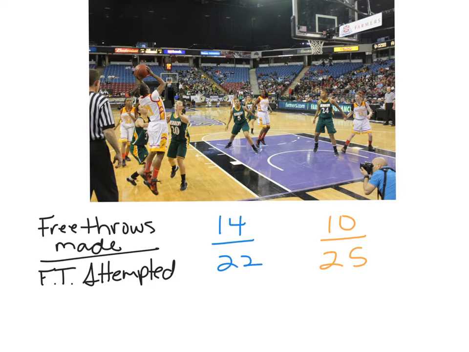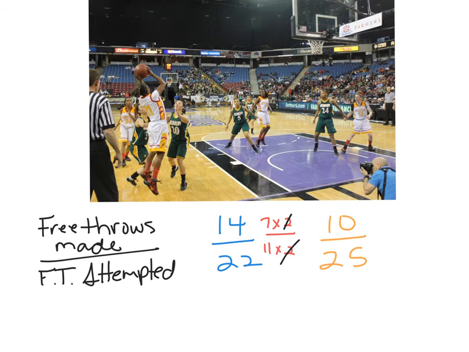Now let's look and see here what we can figure out. To reduce 14 over 22, we can take the GCF, which on that one would be 2. That's going to be the largest factor. So that would be 7 times 2 and 11 times 2.